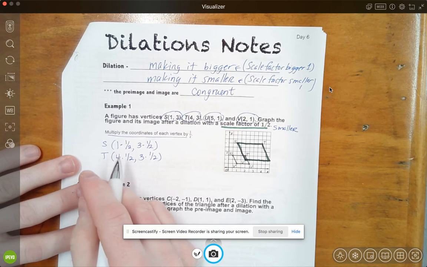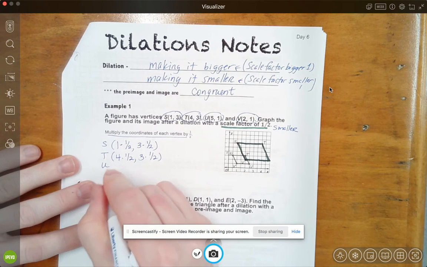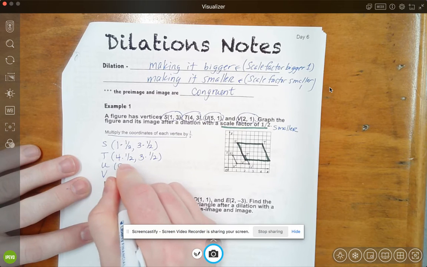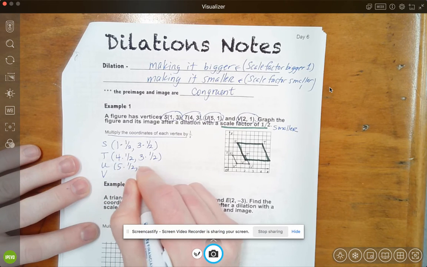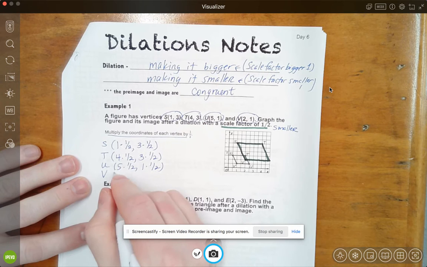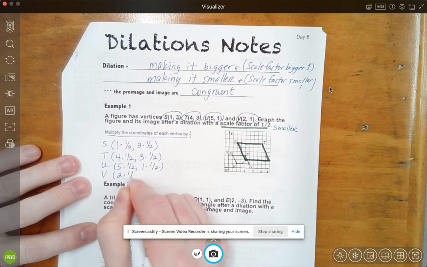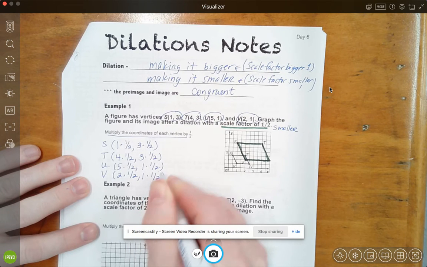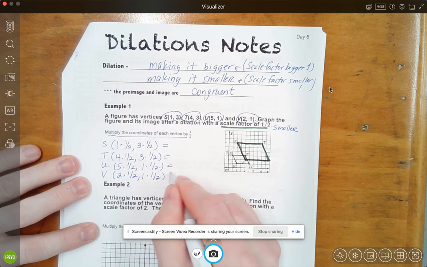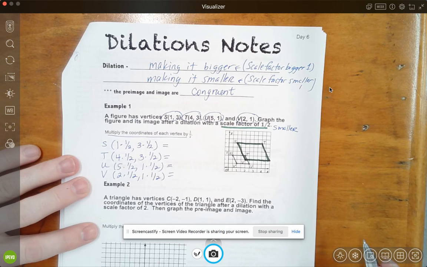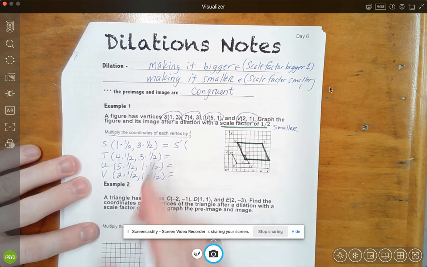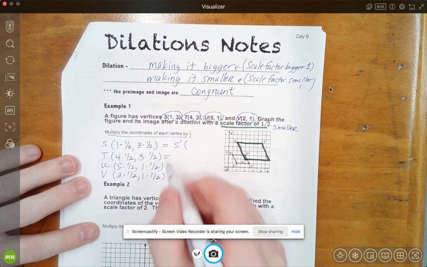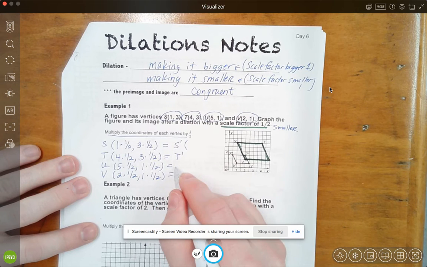I'm going to take U and V and do the same thing: 5 times 1/2, 1 times 1/2, and then 2 times 1/2 and 1 times 1/2. And when I do that, I get my new points, which is my S prime, my T prime, U prime, and V prime.